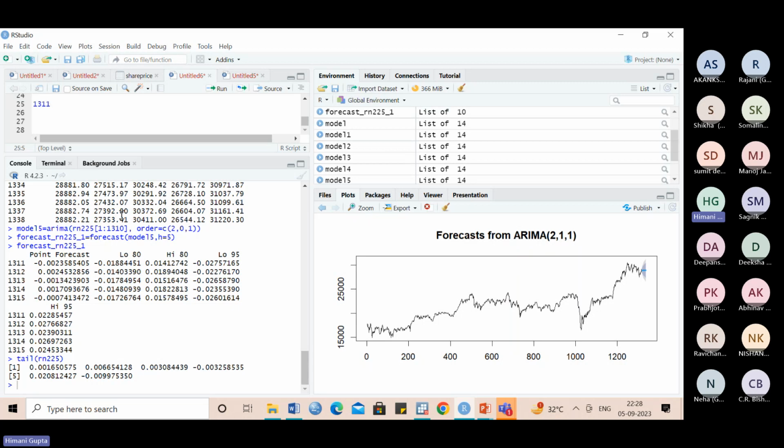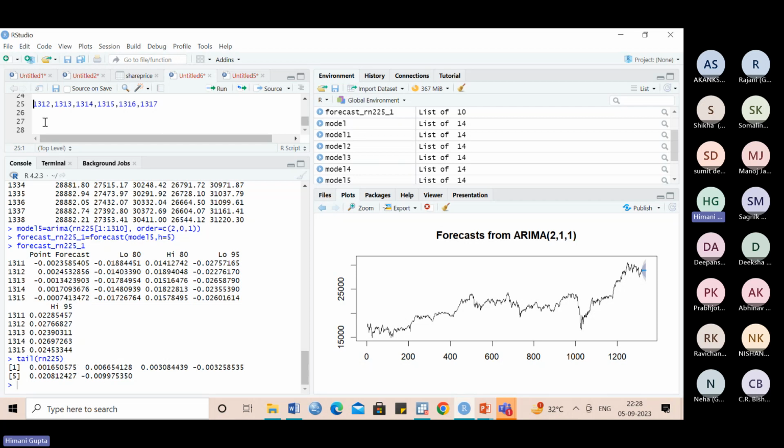See my command, 1310, so my next values should be 1311, 1312, 1313, 1314, and 1315. Tail gives me the last 6 values, so it will be 1316 and 1317. How many are there? 1, 2, 3, 4, 5, 6, 7. So that means this value is not there. So these are the 6 values that tail has given me.